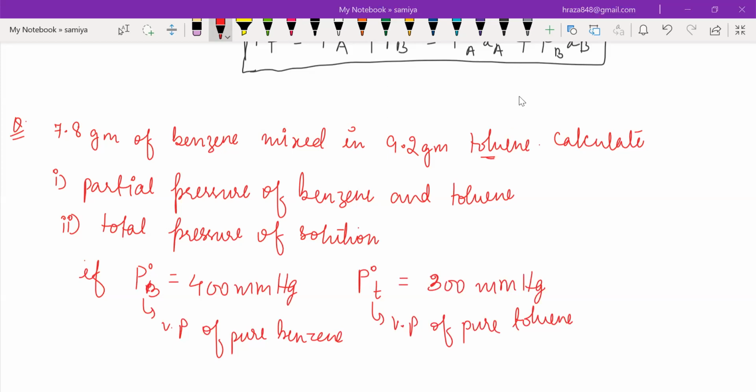C6H5CH3 is the formula of toluene, and benzene, you know, C6H6. Please do this question.